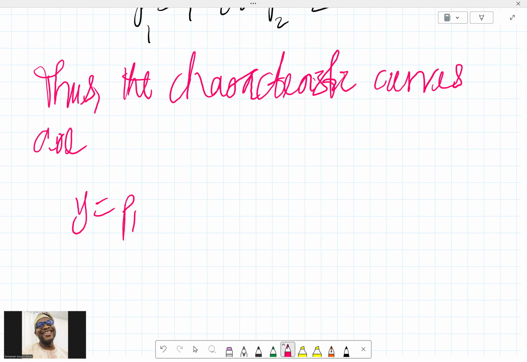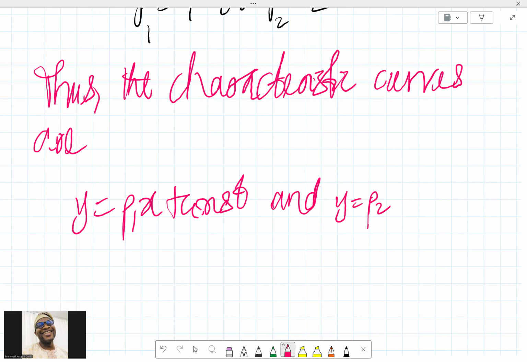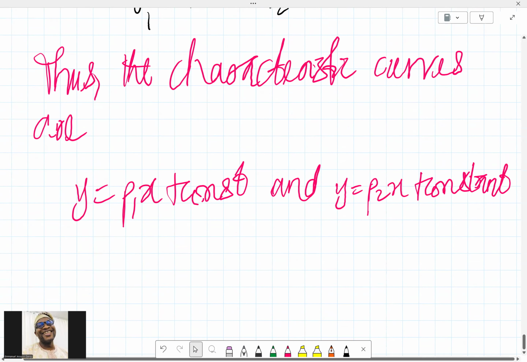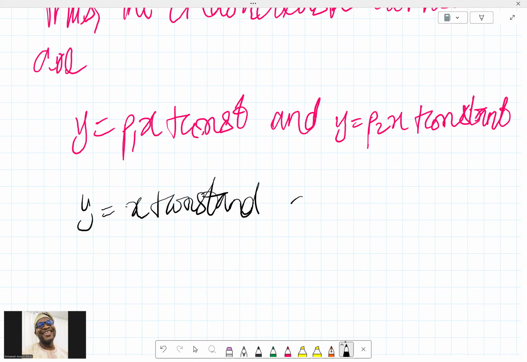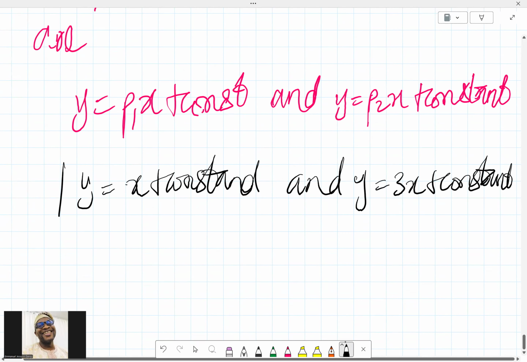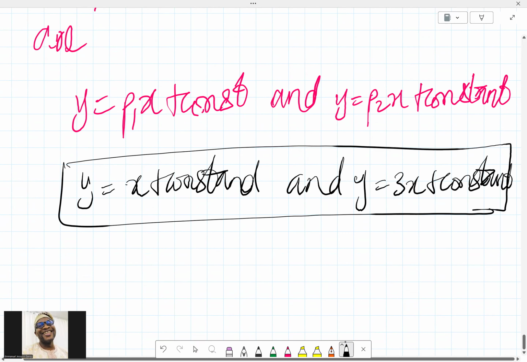We have y equals P1x plus a constant, and another one is y equals P2x plus another constant. In that case, with P1 equal to 1, y equals x plus a constant, and with P2 equal to 3, y equals 3x plus another constant. These are the characteristic curves.